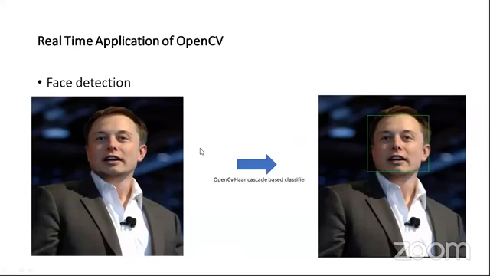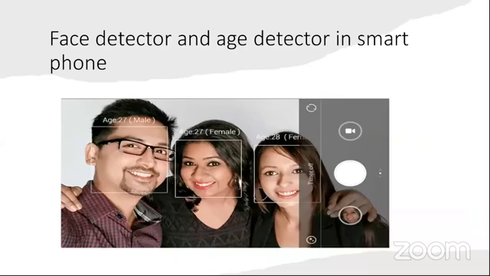Now we have a real-time application of it. This is the camera frame, which we use in our day-to-day life. We click images through the cameras, and your camera can identify that this is the face of a man or a woman. It can also give you the age. So that's awesome, I guess.